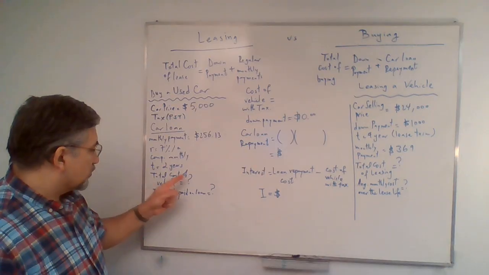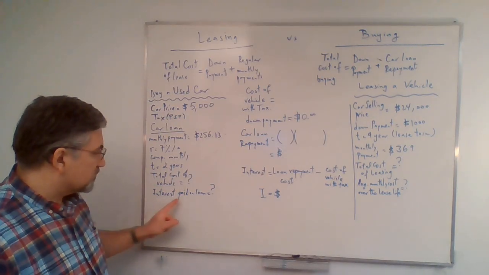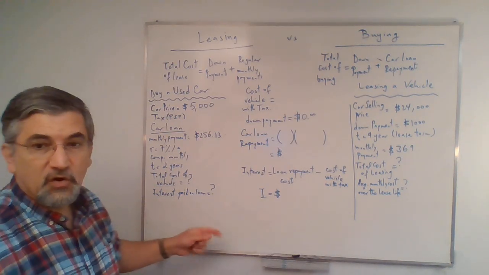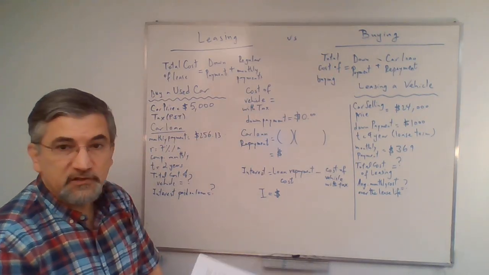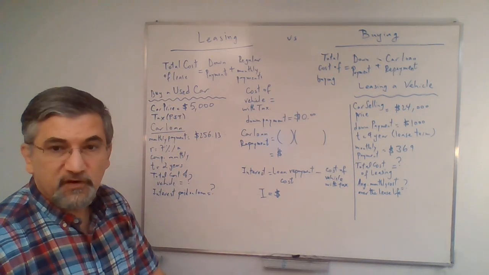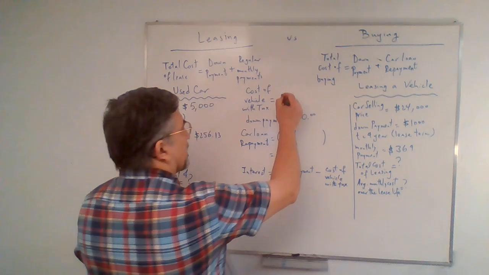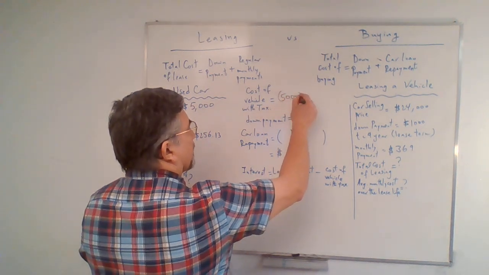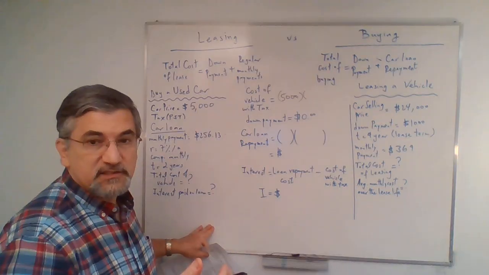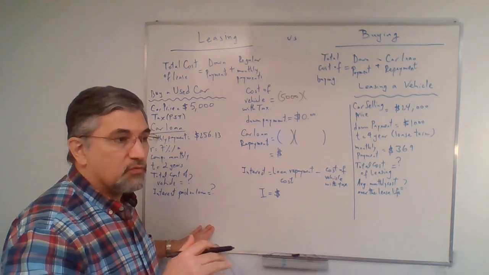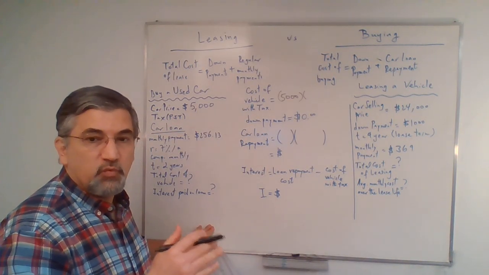And we want to find the total cost of the vehicle and also the interest that was paid on this car loan. So the first thing we do, we're going to calculate the cost of the vehicle with tax. So it was $5,000, obviously. But then I said that we have to pay PST, provincial sales tax, because it's a used car. So I'm not going to multiply by 1.13 this time.